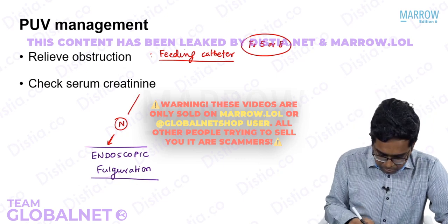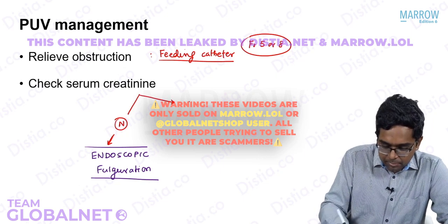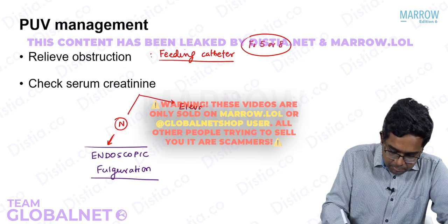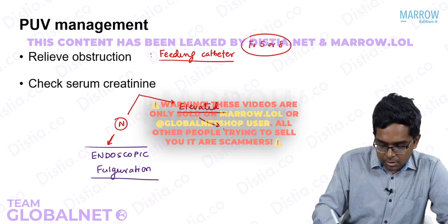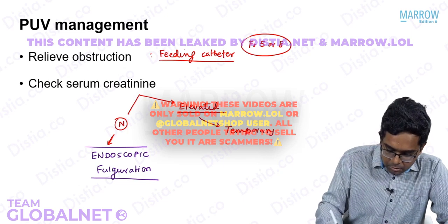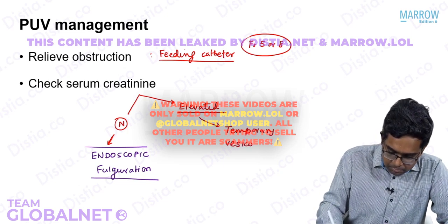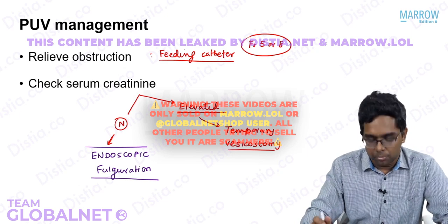Suppose even after relieving the obstruction, the serum creatinine level remains elevated, then you can go for a temporary procedure in the form of vesicostomy. After doing this procedure, you wait for the serum creatinine levels to become normal.